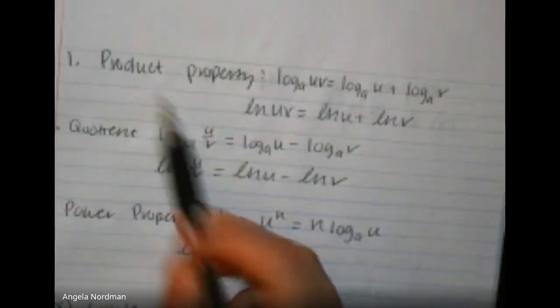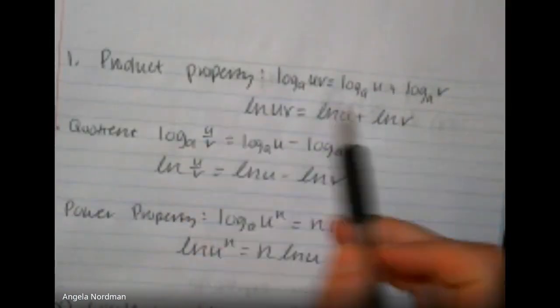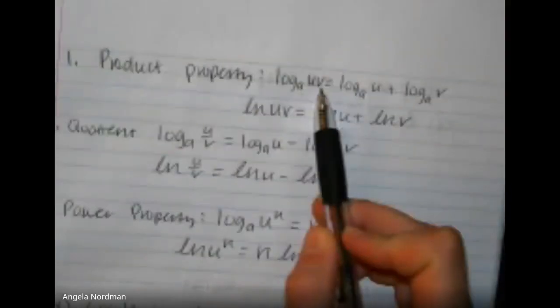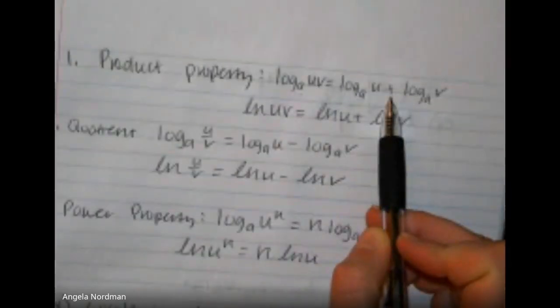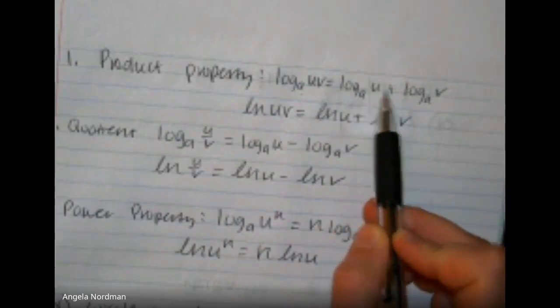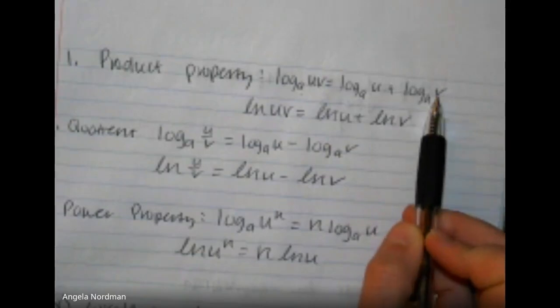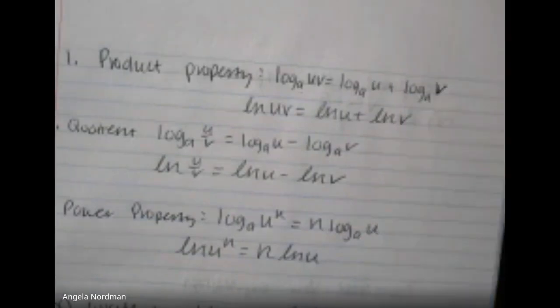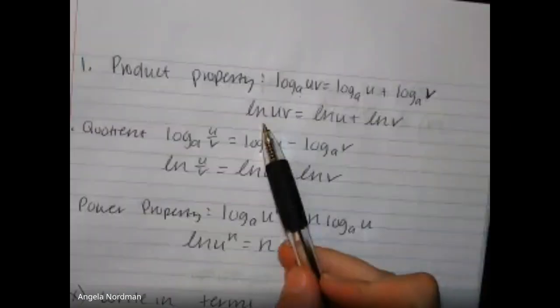Other properties that we want to talk about include, first, the product property. If we're taking log base A, or any base, of two terms multiplied together, we can actually split those up with addition by taking log of that same base of the first thing being multiplied plus log of the same base of the second thing being multiplied. So again, we're just splitting them up through addition. This carries over to natural log, split up again by addition.